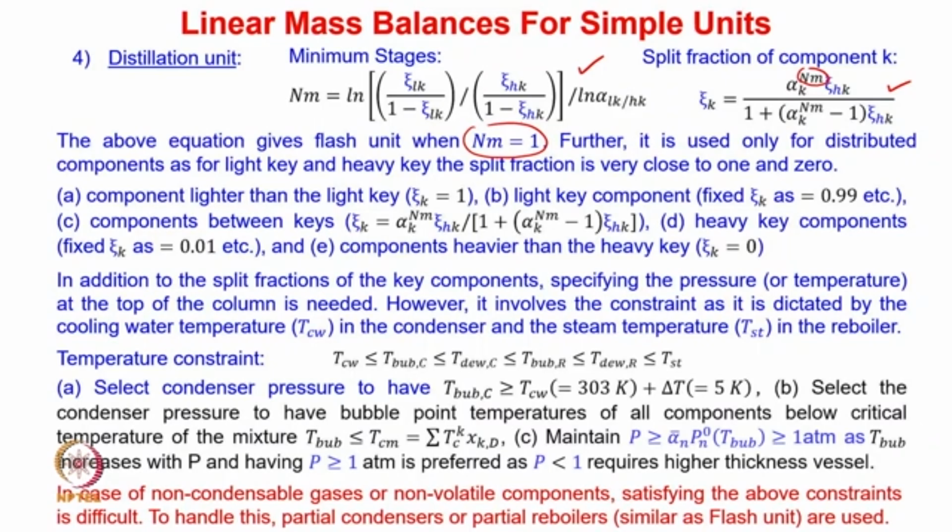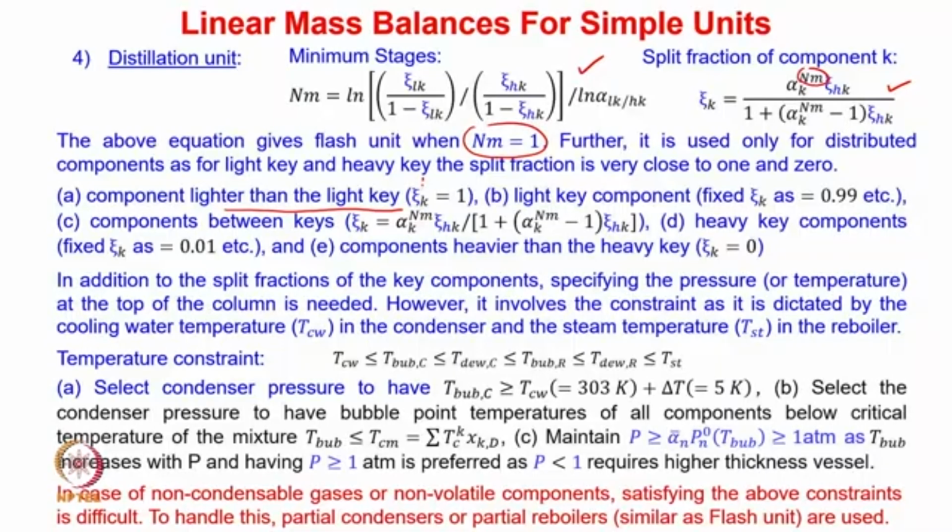Okay. Another important thing to note down here is, whenever we are doing the calculation for the distillation unit, the components lighter than the light key, remember we have specified the zeta Lk and zeta Hk, which correspond to the light key component and the heavy key component, isn't it? So anything lighter than the light key, for that we take zeta k equals 1.